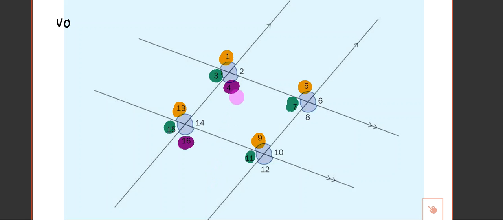So which ones look like they're in the same place but in a different place? 16, it's on the bottom but on a different set. So 8, good, and 12. And then what's left? The ones that are corresponding: 2, 6, 10, 14. Does that make sense for corresponding?